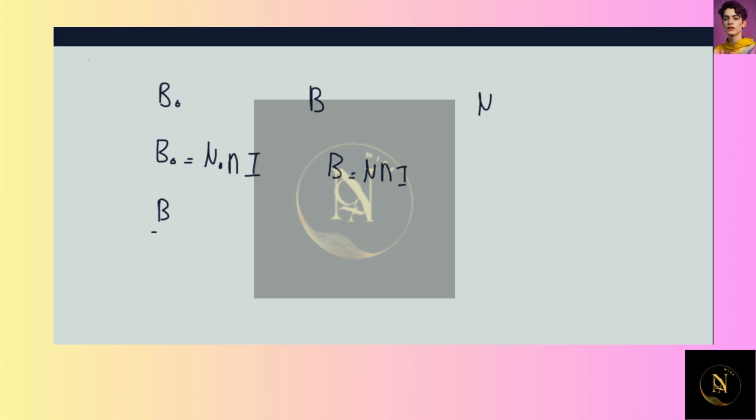So we could do B divided by B naught, and that should equal mu Ni over mu naught Ni. And that, of course, is just mu over mu naught. So then we can say that mu, the permeability specifically for this piece of metal, is just mu naught times B over B naught.